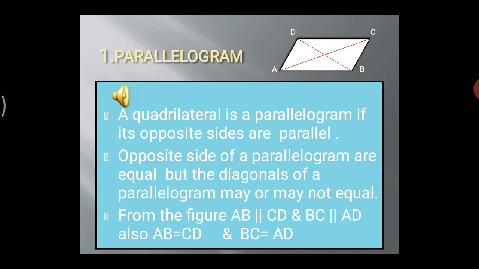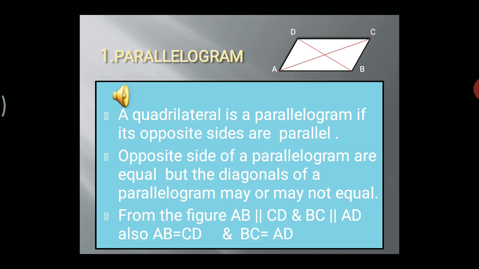Number 1 is parallelogram. Dear students, a quadrilateral is said to be a parallelogram if its opposite sides are parallel. That means if we have a quadrilateral ABCD, if AB is parallel to CD and BC is parallel to AD, then ABCD is a parallelogram.